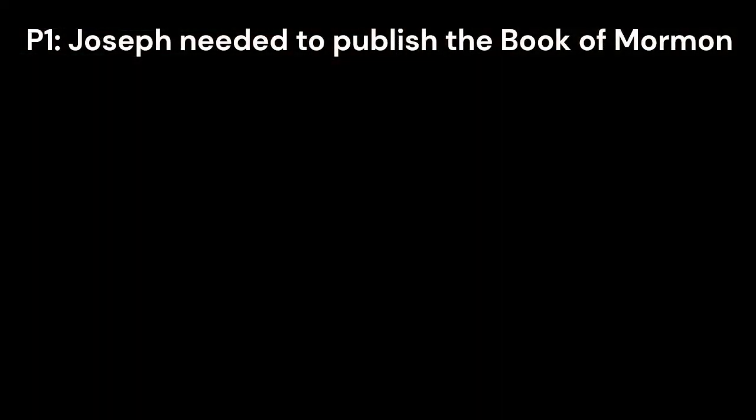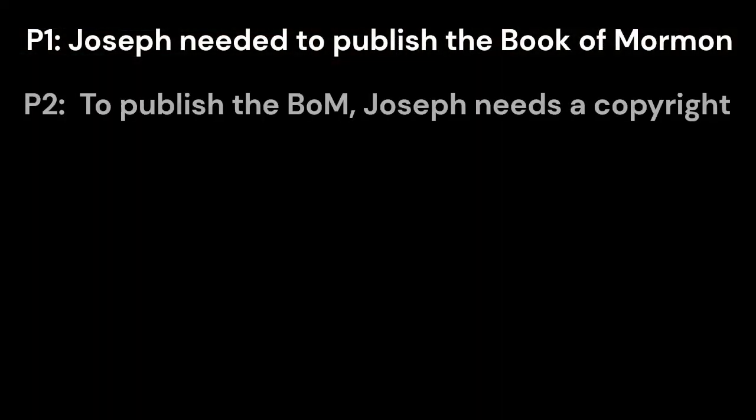The first premise in this instance would be Joseph needed to publish the Book of Mormon. The second premise would be to publish the Book of Mormon, he needs to secure a copyright, which involved him labeling himself as author and proprietor of the Book of Mormon according to New York laws.